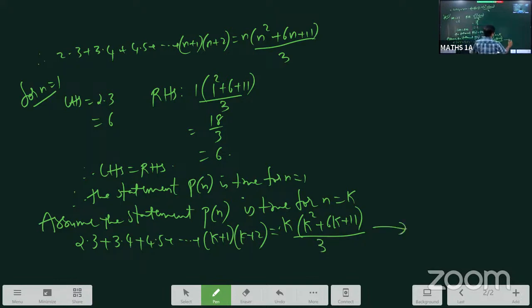Instead of n, you put k. Call this equation 1. Okay.